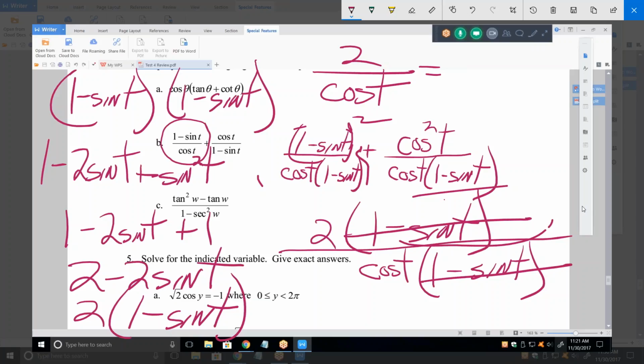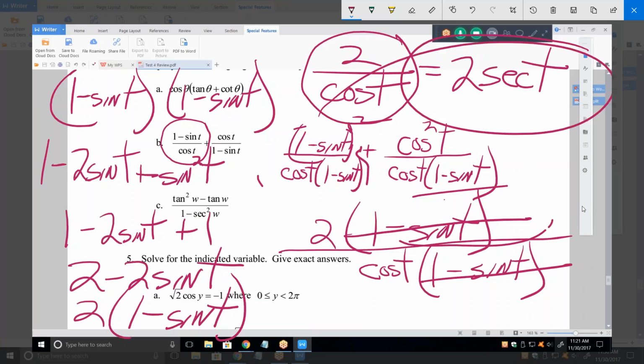In other words, you generally don't want irrational numbers in your denominator, and you generally don't want trig functions in your denominator. So final answer, that's not a good answer. It's got a trig function in the denominator. Let's get it out of the denominator. 2 secant t. There you go. And that's the answer. All of these are going to come down to a single trig function like that.